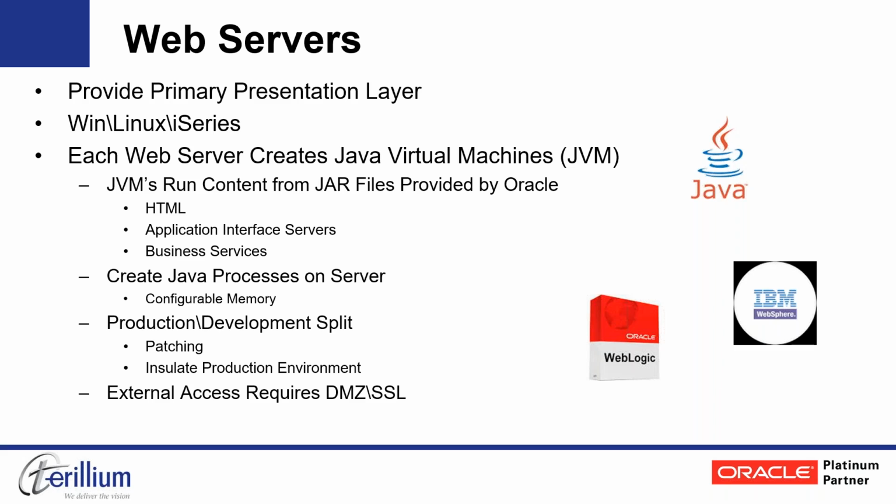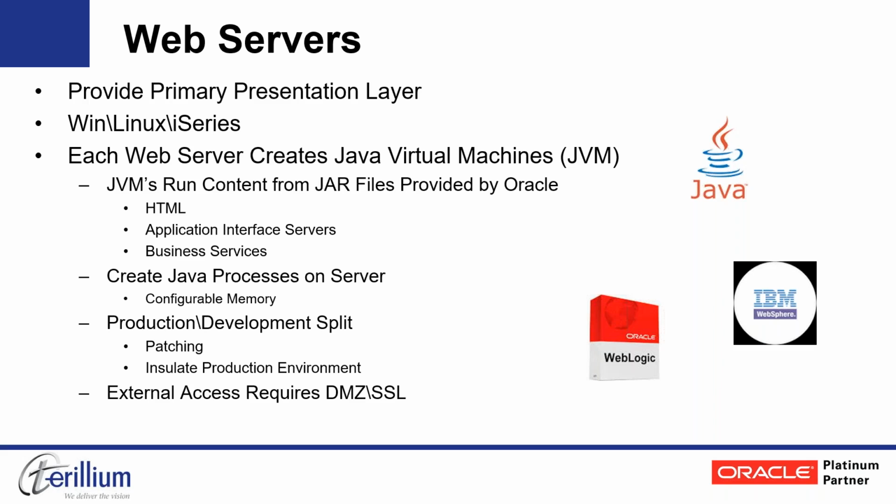The HTML system, application interface servers, and business services are all outward-facing web servers that take information either from direct end users or from third-party applications. They create these processes to process all of the requests from those, and then we size that up vertically by adding additional memory to that JVM process.